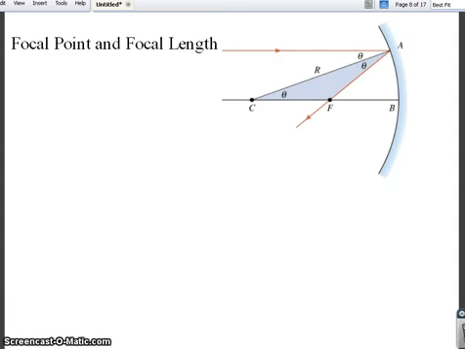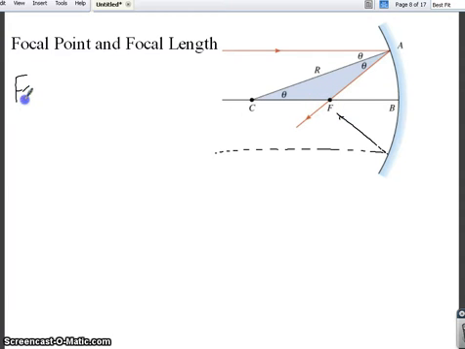So let's talk about this concept of focal length and focal point. When a light ray hits a concave mirror, its light is going to hit and it's going to come to a certain point. Whether it's up here or it can even come from down here, it's going to reflect and come across this point, which is called the focal point.